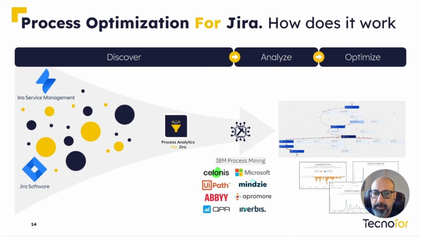So we get the right information required for process mining, and then we can use any process mining tool. You have a list of some of them that we have already validated our solution against, and then you can start to create your optimization strategy by analyzing the information using one of these tools.